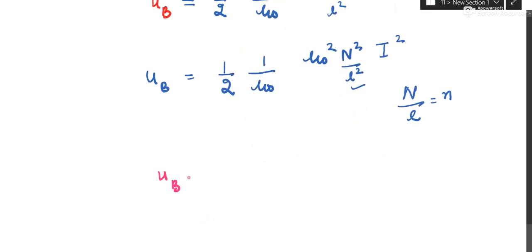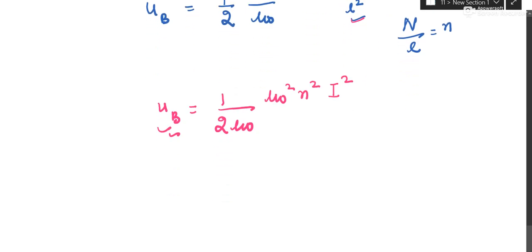It's UB, that is energy density, is half mu naught, and this is mu naught square n square I square. Okay, now we will take the square. Half mu naught, this is mu naught n I whole square. What is this?